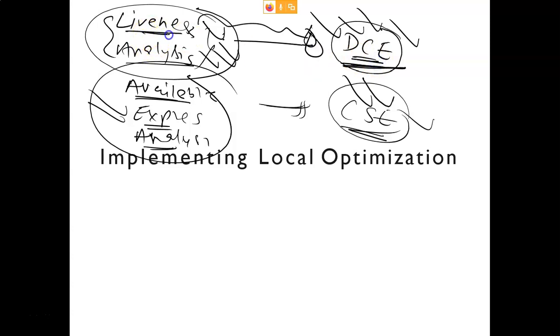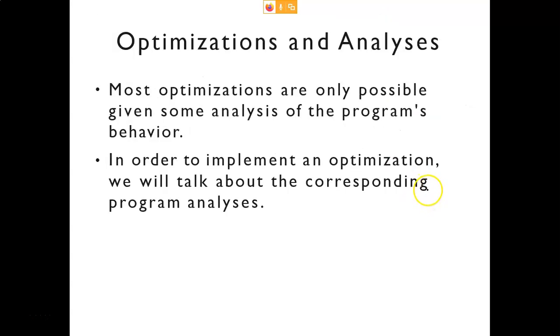For example, liveness analysis can be used in many other areas also. Maybe you have some other code optimization technique, there also you can use this analysis. Similarly, for some other optimization technique you can make use of available expression analysis. So these things are more general, but they will help you in these optimization techniques. So let's see.